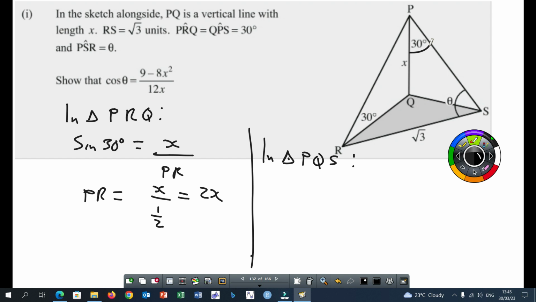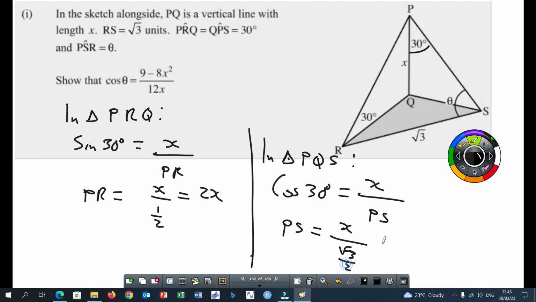So I've got the hypotenuse there, so I'll use cos there. So that will be cos 30 degrees is equal to x over PS. So PS is going to be x over square root of 3 over 2, which is the same as 2x over root of 3. Okay. Right? So I've got my PR, I've got my PS.